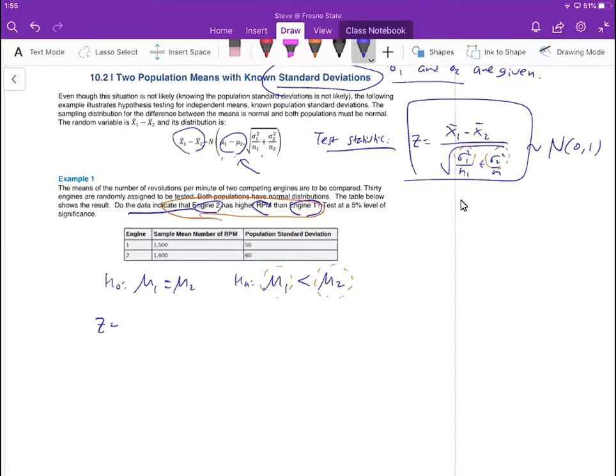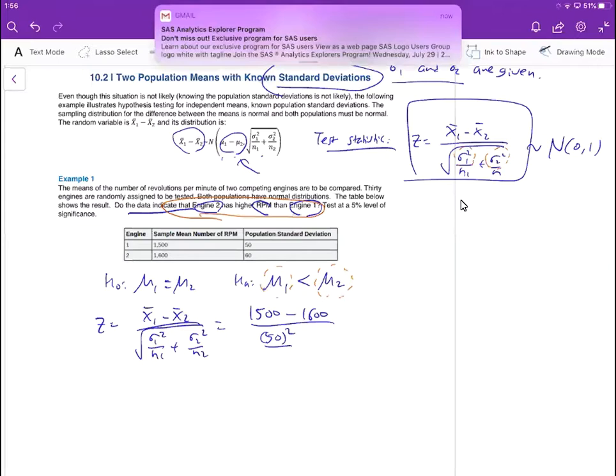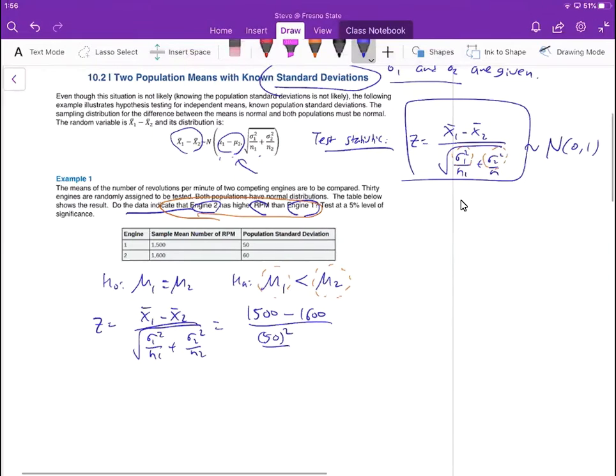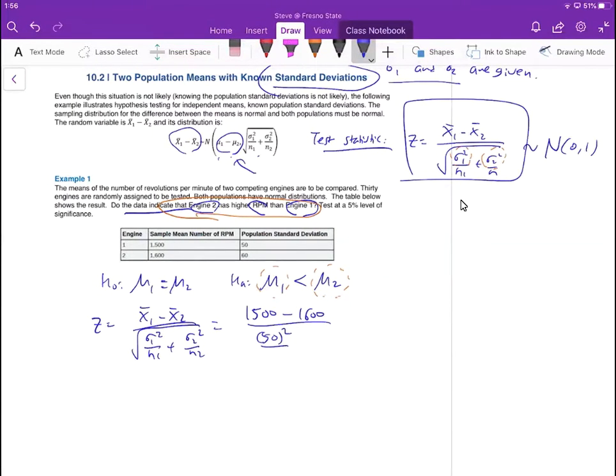Z equals, so what I have is 1500 minus 1600, and then the standard deviation is 50 squared over, and how many from each here? 30, yes, both 30, plus 60 squared over 30.